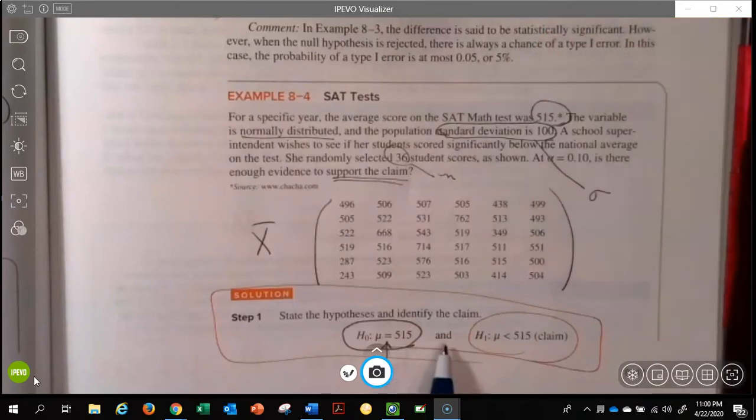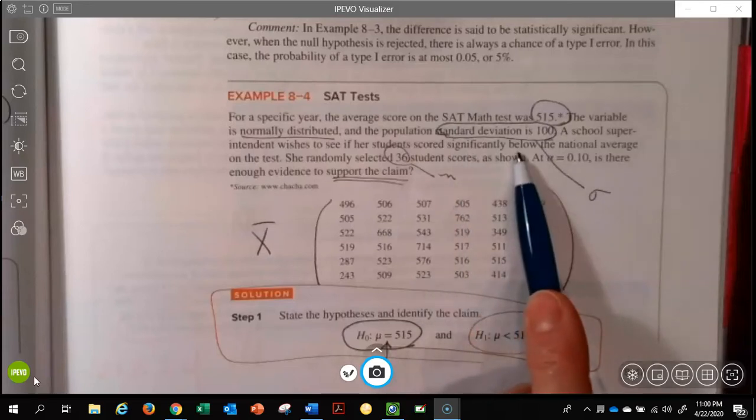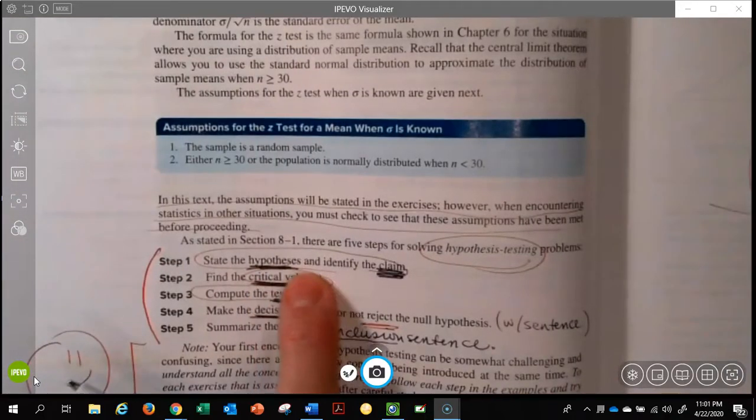But you also have to state the alternative hypothesis, that mu is not 515, but specifically this superintendent thinks that they are below. With that in mind, we'll say that we think our mu is actually below the 515, and that is the claim.